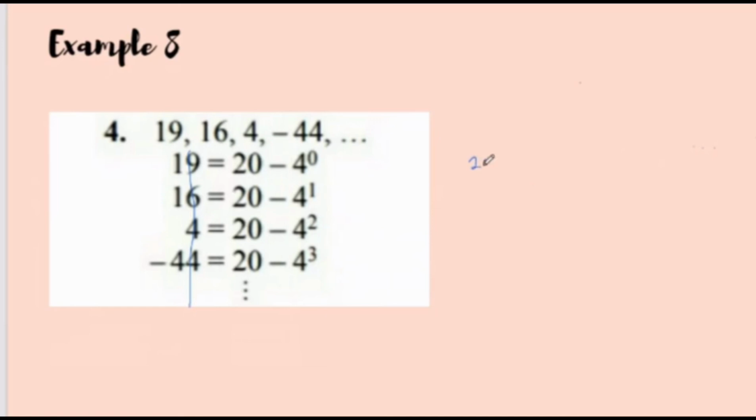The similarity is of course 20 minus 4. And then as you can see there, the differences are the powers. That is 0, 1, 2, 3. Just write it down as n.